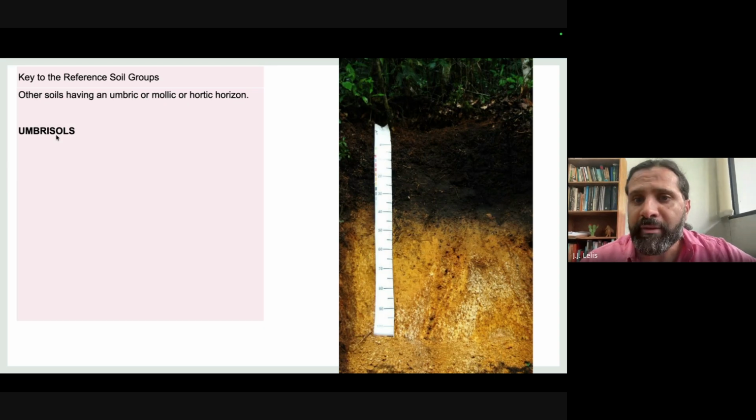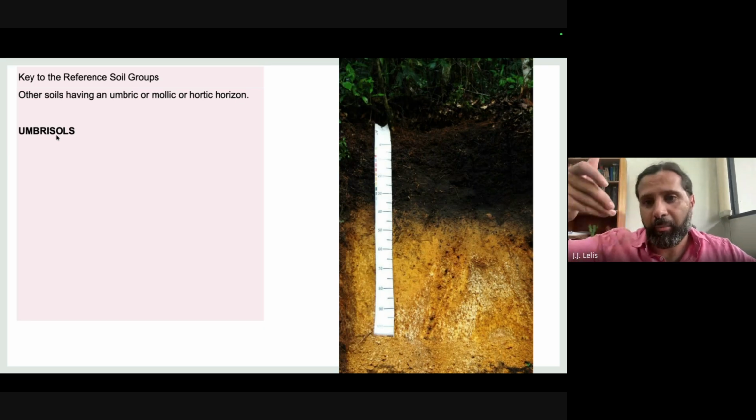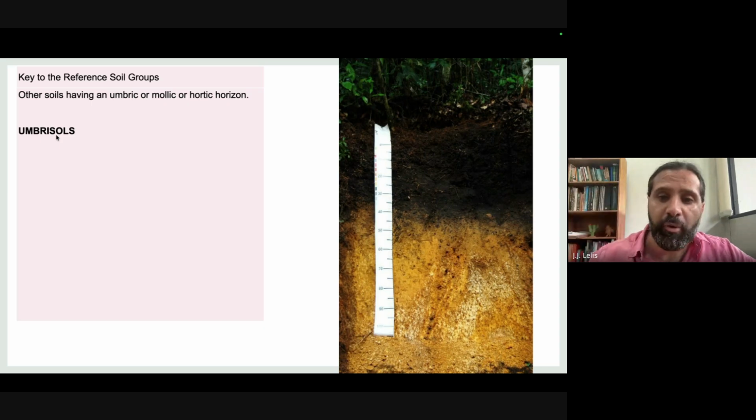So a lot of soils that are classified as histosols according to soil taxonomy are classified not as histosols but as umbrisols in the WRB because of the higher organic carbon content threshold for WRB.